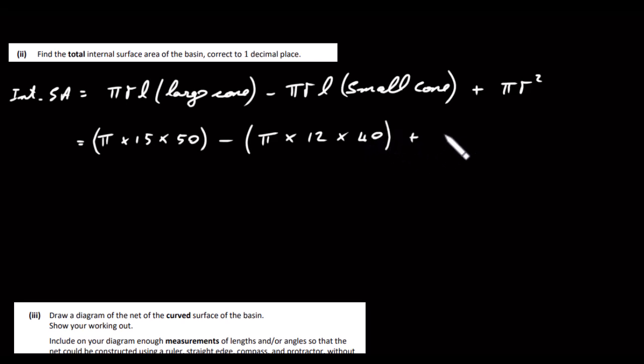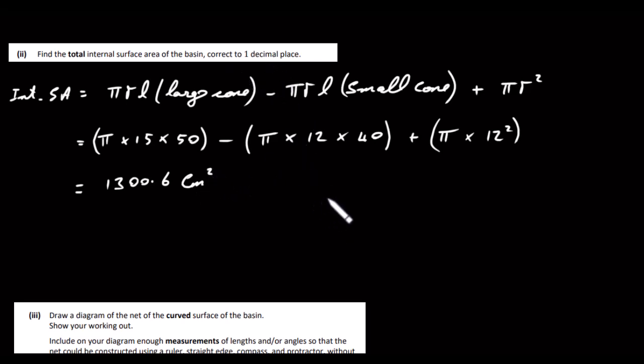And then we're going to add the circle, then the base of the basin. So that's going to be pi times r squared, and that's going to be 12 squared. So all of that is just calculator work. So I've done all of that. So it's 1300.6 centimeters squared. And this is to one decimal place.